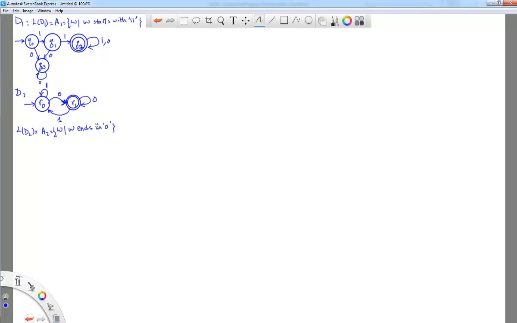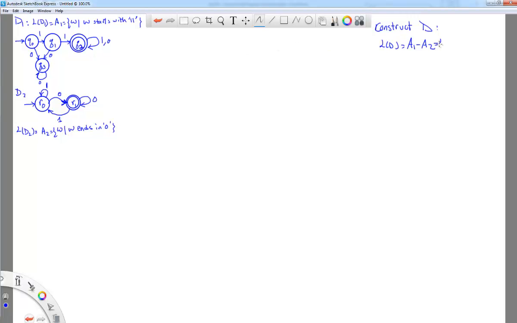Okay. Now, how about if I wanted to make a finite automaton of these two languages? So I want to construct D such that the language of D is A sub 1 minus A sub 2. Or in other words, if the string starts with two ones, it must not end with a 0, right?